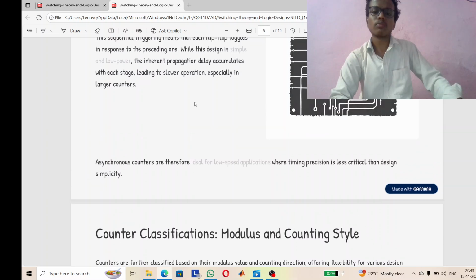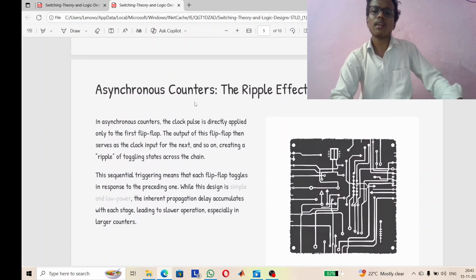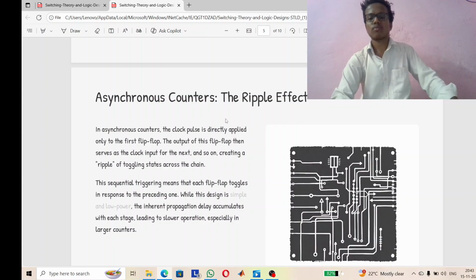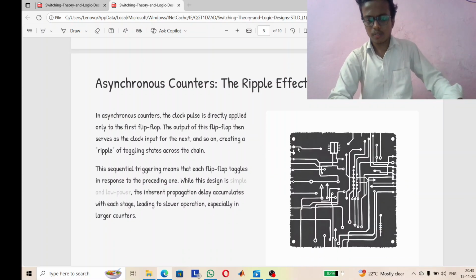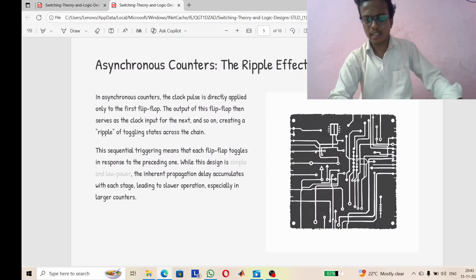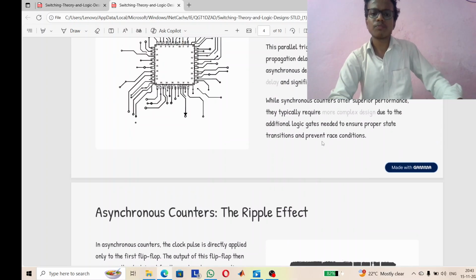If we see the ripple factor, asynchronous counters are also known as ripple counters. See the logical diagram: there are some inputs as well as the output of the asynchronous ripple counter.